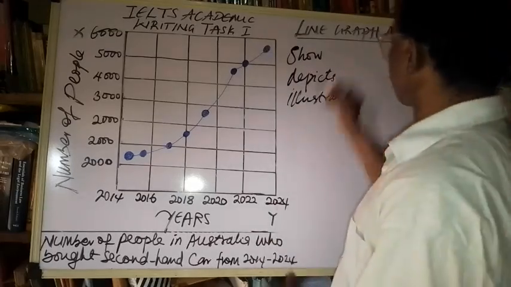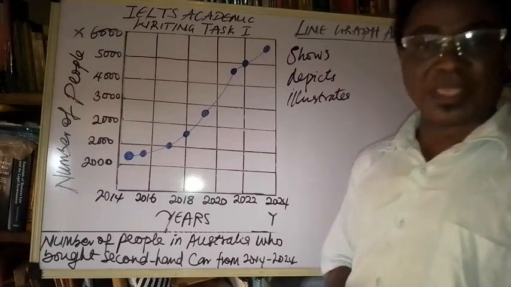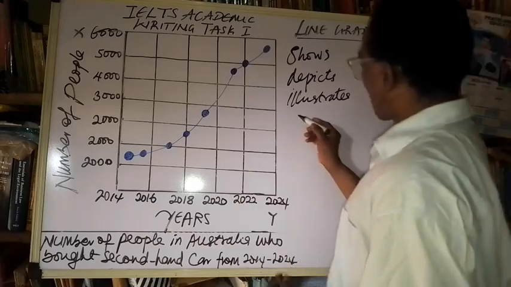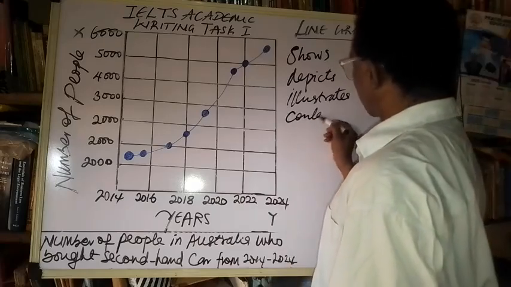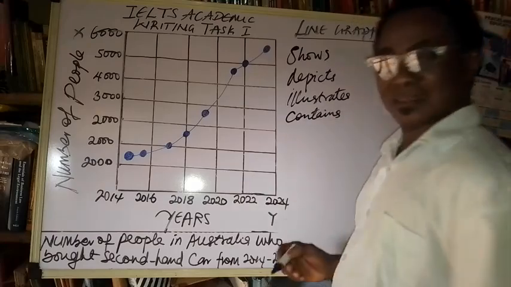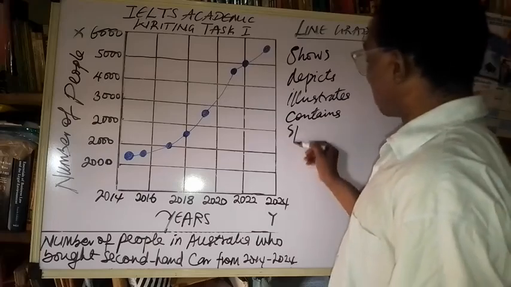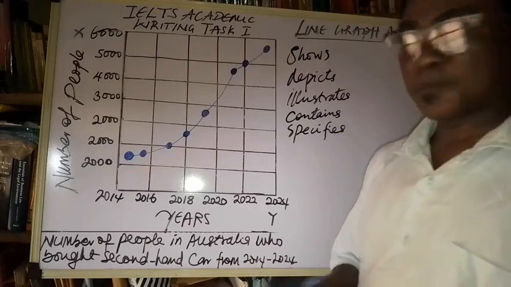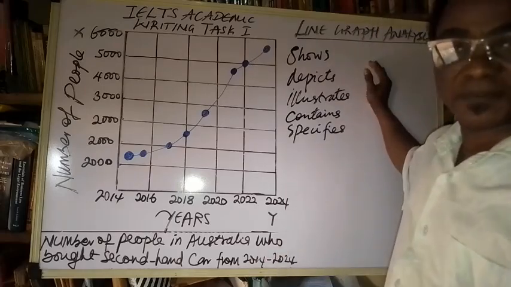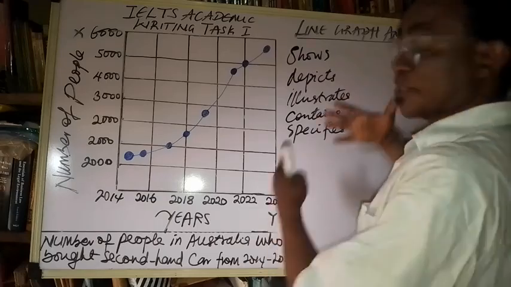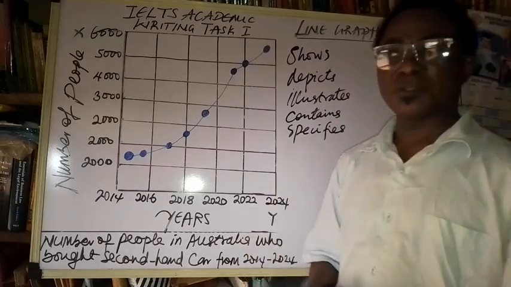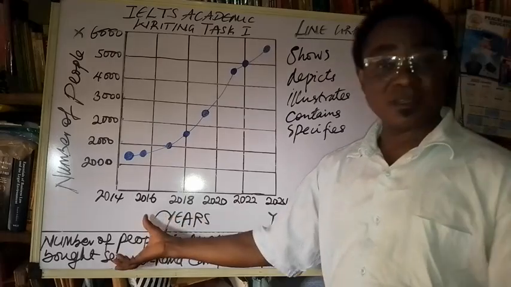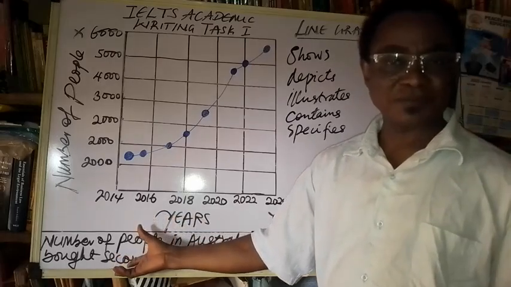The graph depicts, the graph illustrates, the graph contains, the graph specifies. These are key verbs that enables you to express what the graph is all about.